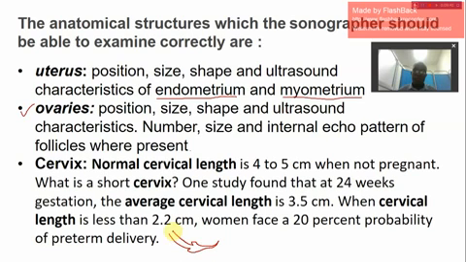From here to this place is considered to be the canal. From here to here is regarded as 2.2 centimeters. So it's very short. So that is what we are talking about.